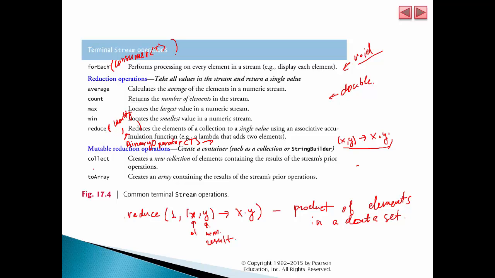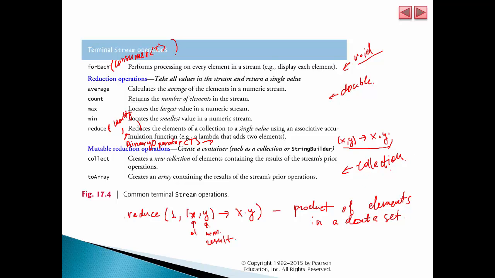And also now we have other terminal operations which generate collections. So they create mutable state, some data set that can be modified and accessed randomly, right?